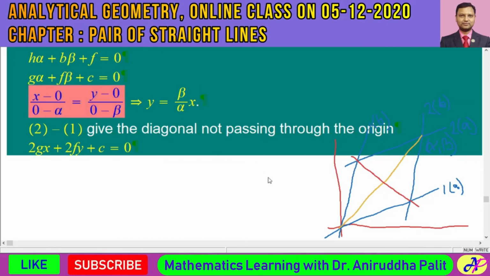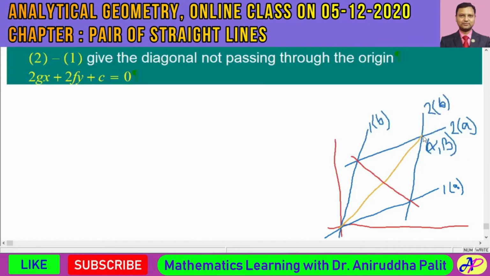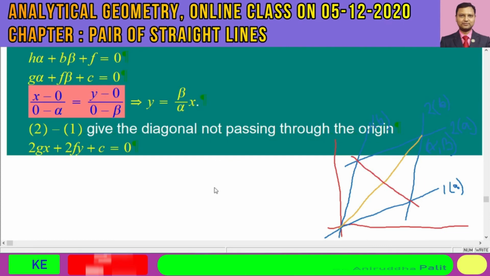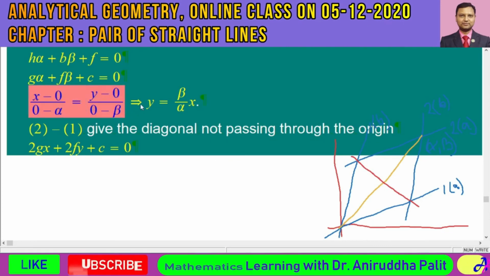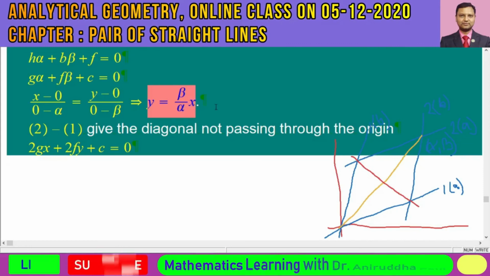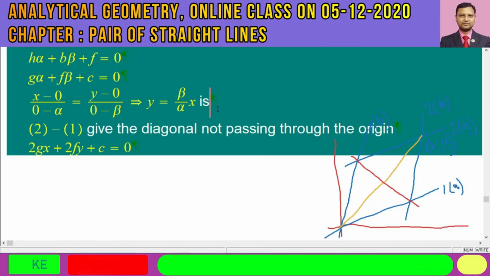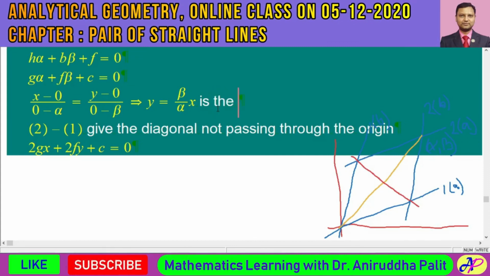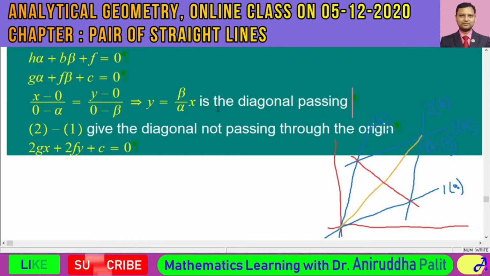Is this clear to you? The formula of the straight line passing through two points, alpha beta and 0 0. This would be the equation of that straight line. So y is equal to beta by alpha into x. This is the last result that I was trying to discuss. This is the diagonal passing through the origin.